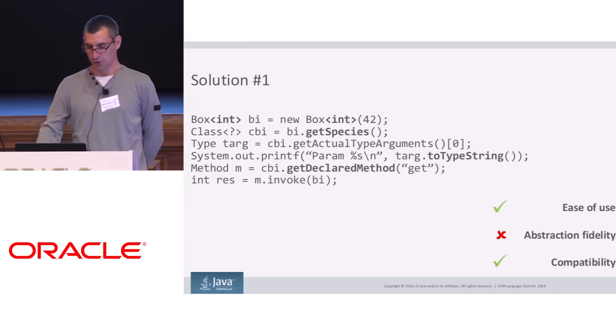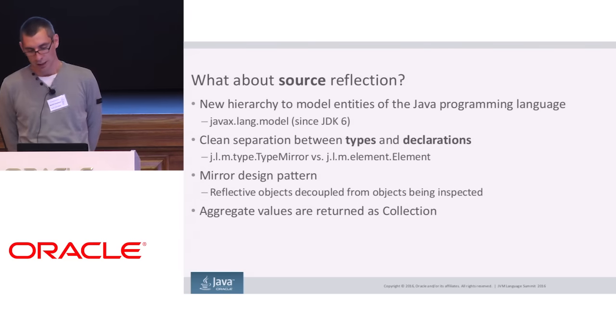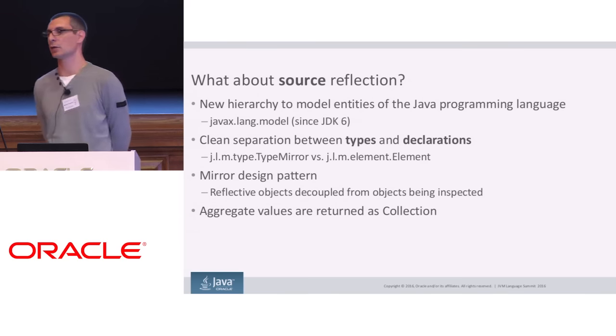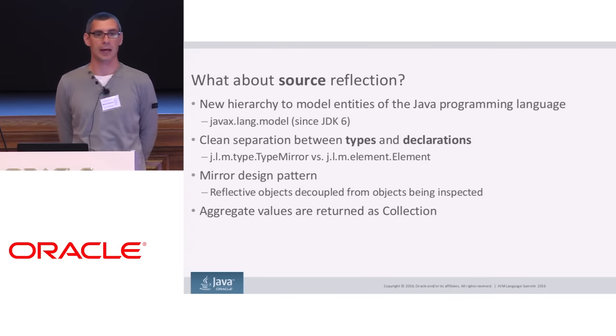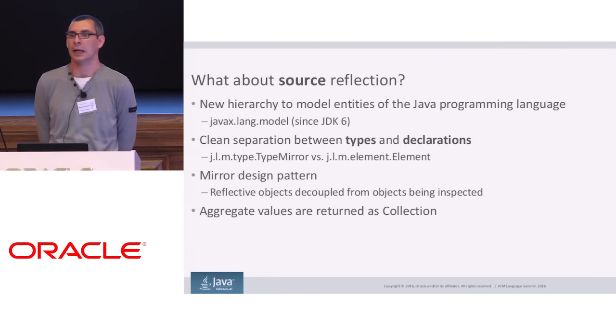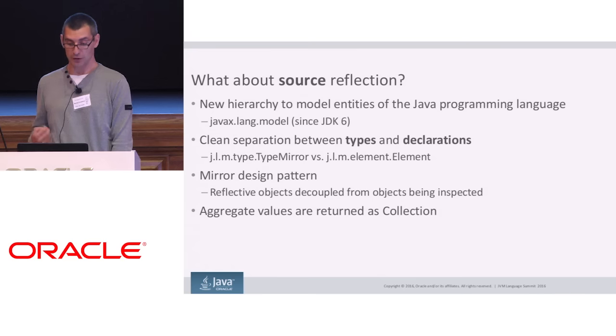So let's look for something that is a little bit cleaner in terms of modeling. And what other APIs do we have around in the JDK? Well, another API is the source reflection API that was introduced in JDK 6. It is an API mainly targeted at compiler writers and annotation processors. So it's an API designed for reasoning about programming language elements, so source types, not runtime types. But it's a very flexible API.